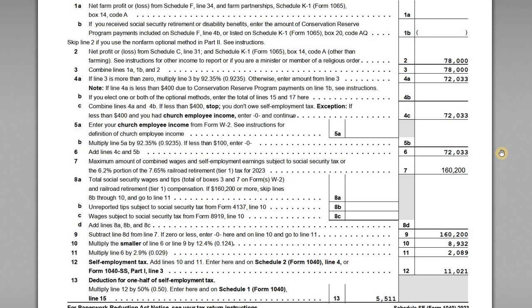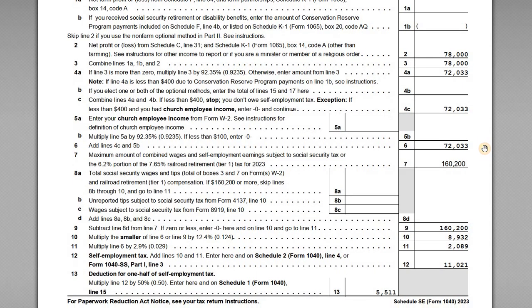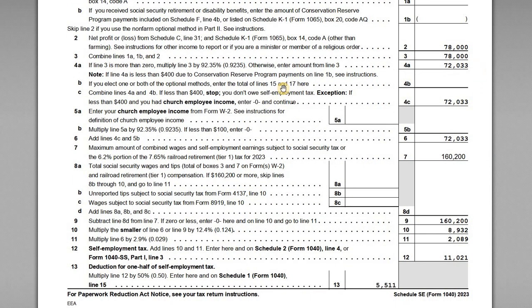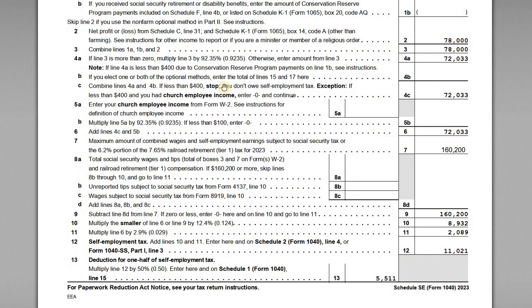So once you've established what should actually be included in line 2, then you can complete the rest of the form, right? So in this case, we multiply by 0.9235, so 92.35% of line 3. We're left with $72,033. We don't have any conservation reserve payments.